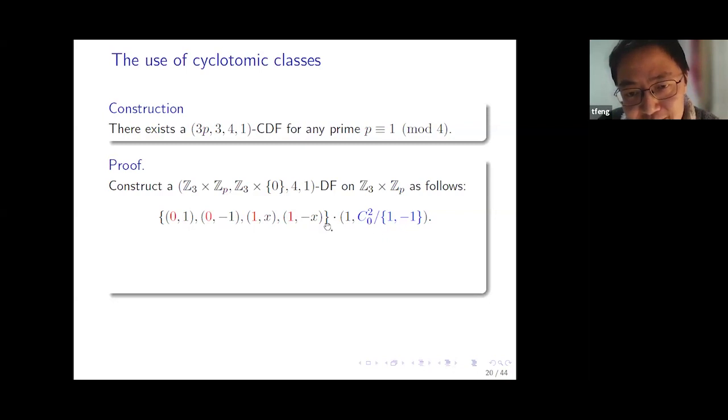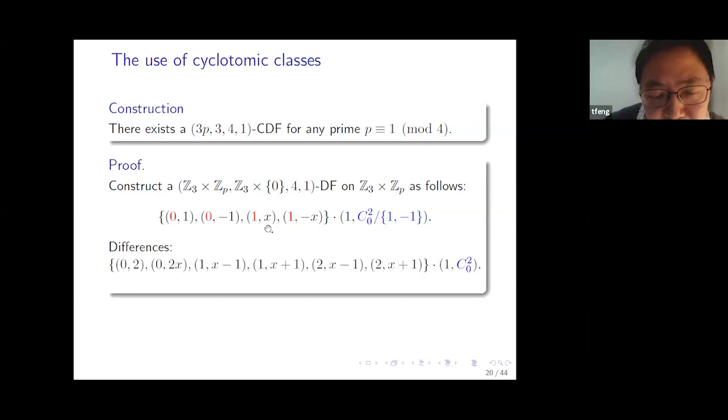You can see here C0^2, we know it's all the squares in the field. So it contains (p minus 1) over 2 elements, and this is a quotient group, so (p minus 1) over 4. So one block produces (p minus 1) over 4 blocks. And then we can check all of its differences. For example, take the first two, 0, 1 and 0, minus 1. They contribute differences 0, 2 and 0, minus 2.